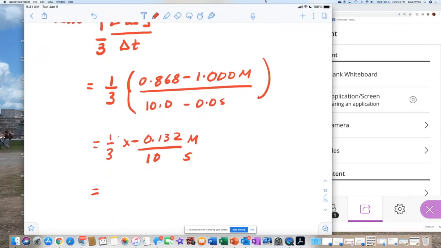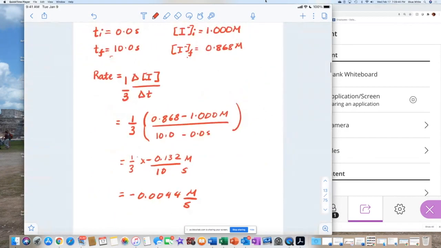Now if I forget the negative, I end up with negative 0.0044 molar per second. But remember, the overall rate of the reaction is always positive, so this has to be positive. So of course, to do it correctly, I should have had the negative here to begin with, and that's what will fix this and make this positive. So the rate of the reaction is this. That's the average rate.